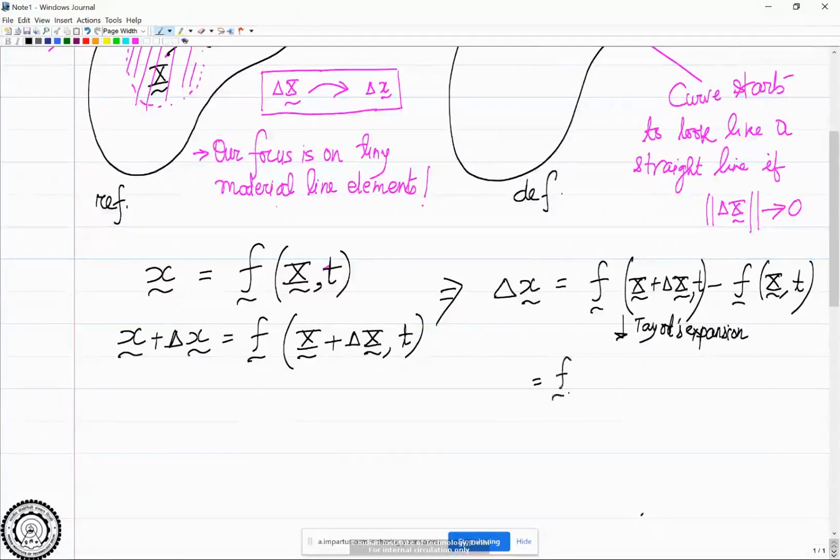So this is going to become f of capital X comma t plus del f over del capital X1 into delta capital X1, isn't it? Plus del f over del capital X2 into delta capital X2. And likewise for the third one, so I could simply write this as del f over del capital Xi into delta capital Xi, isn't it?